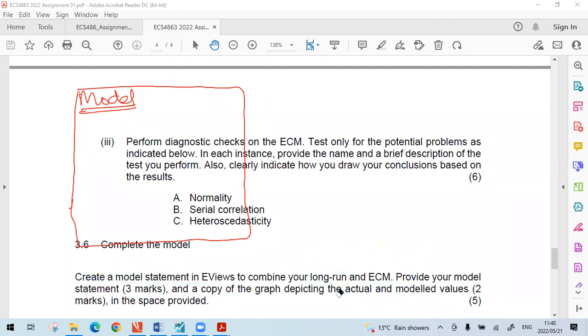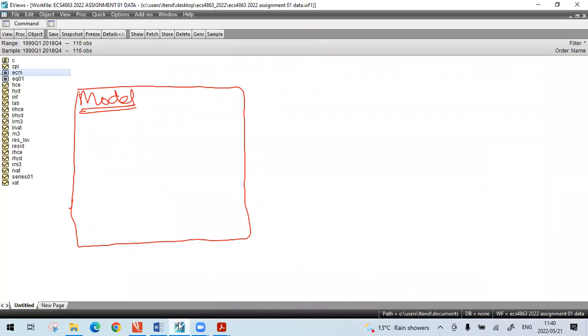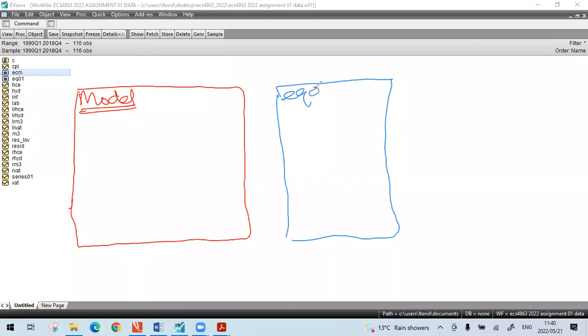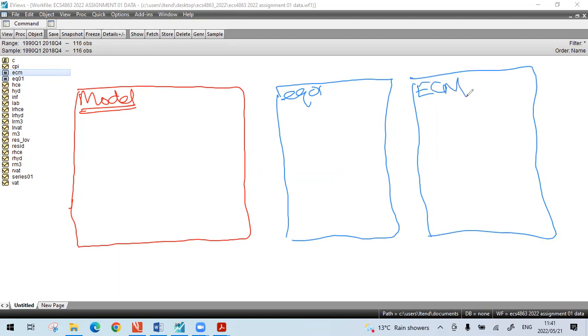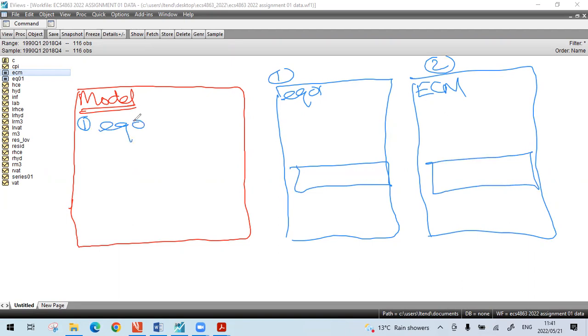Are you still there, guys? Great. So let's do it. Our model is going to come from equation 1 as well as from the ECM, right? So we just need to take equations from here and from there. If this is 1 and this is 2, I need to have equation 1, and I need to have equation 2, which is my ECM.